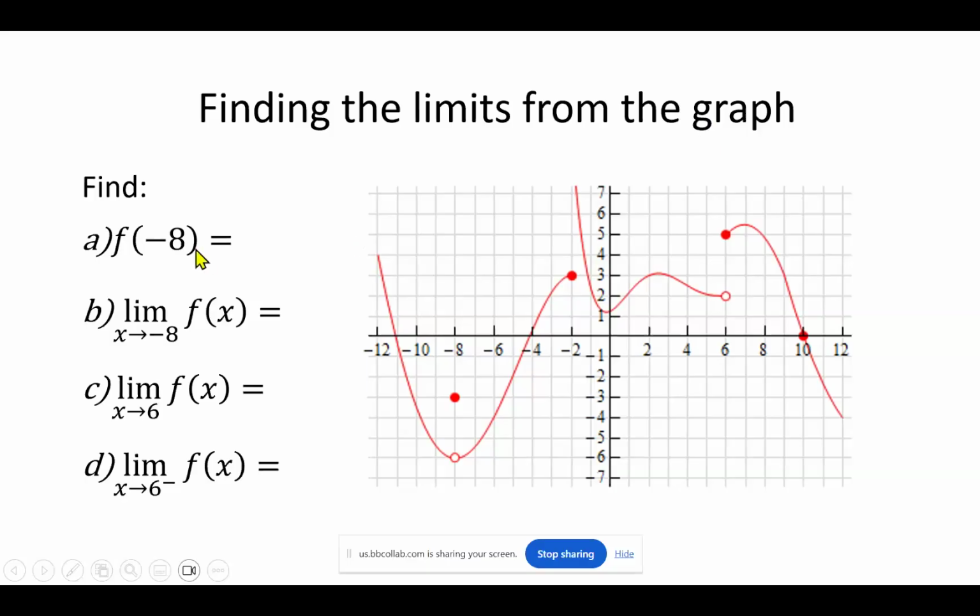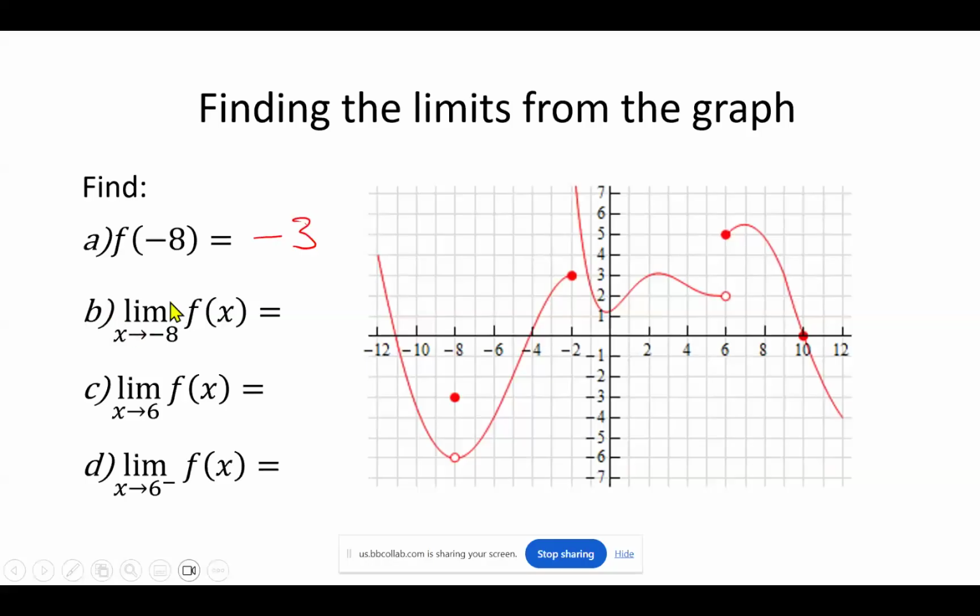I included here not just the limit, but also one of the values. For A, I have to find the value of the function when x is -8. On my graph, -8 is right here, and the value is the full dot, the full circle. So the answer would be -3.